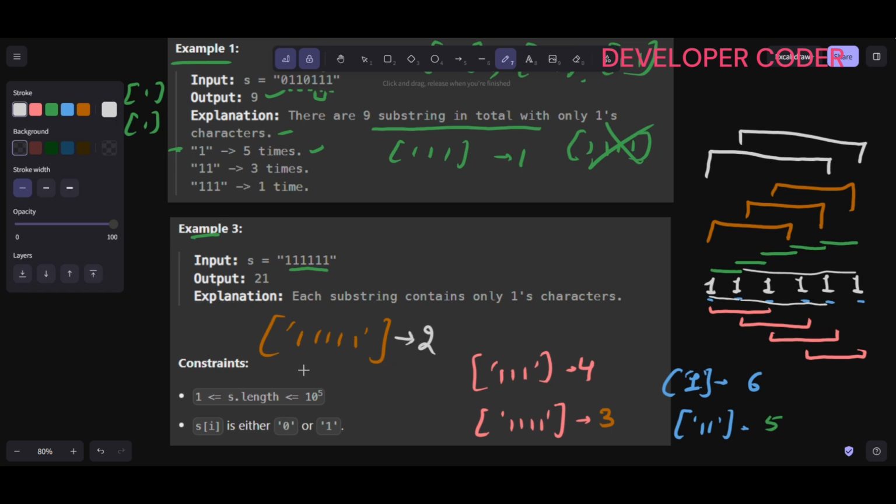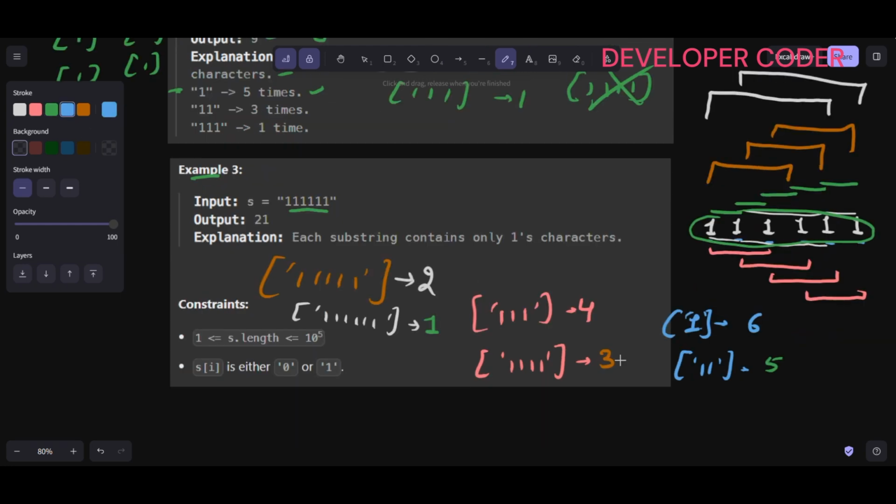Now how many substrings can I form of 6 ones? Only one, the complete string. That's it. So now here if you see, in total 6 plus 5 is 11, plus 4 is 15, 18, 20, 21. 21 is my output.